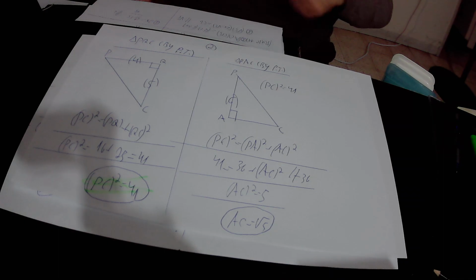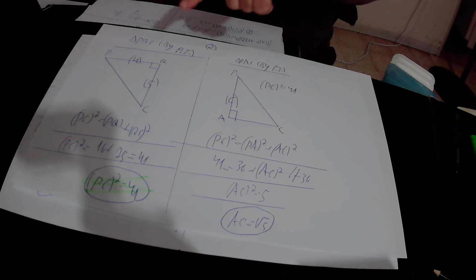Here is the equation for the Pythagoras theorem. According to the Pythagoras theorem, in this right triangle PQC, PC square equals PQ square plus QC square.